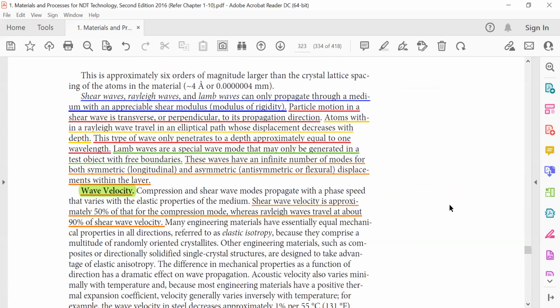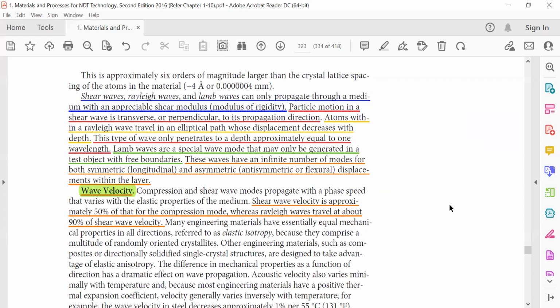Shear waves, Rayleigh waves, and Lamb waves can only propagate through a medium with an appreciable shear modulus of rigidity. That means they cannot travel in liquid. Particle motion in a shear wave is transverse, or perpendicular, to its propagation direction.